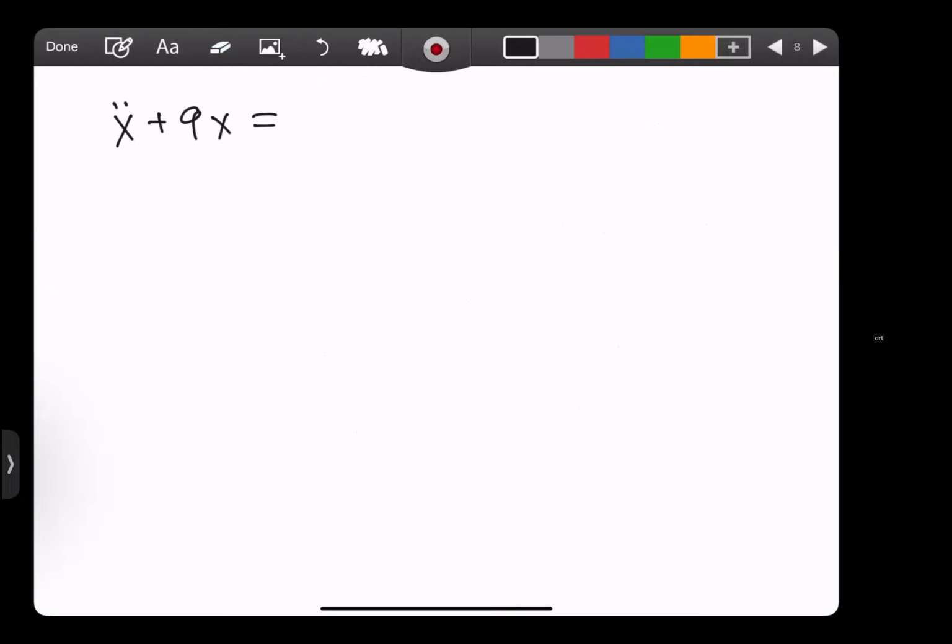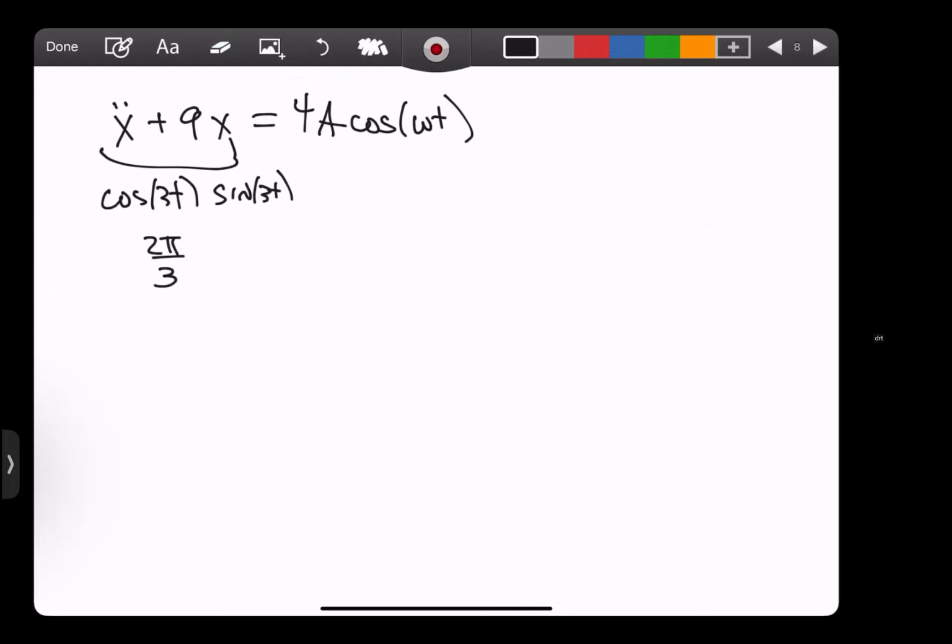Let's look at this equation again. 4a cosine omega t. So over here, this thing has solutions that are like this. And they have periods of 2 pi over 3. And the frequency is 3 over 2 pi.